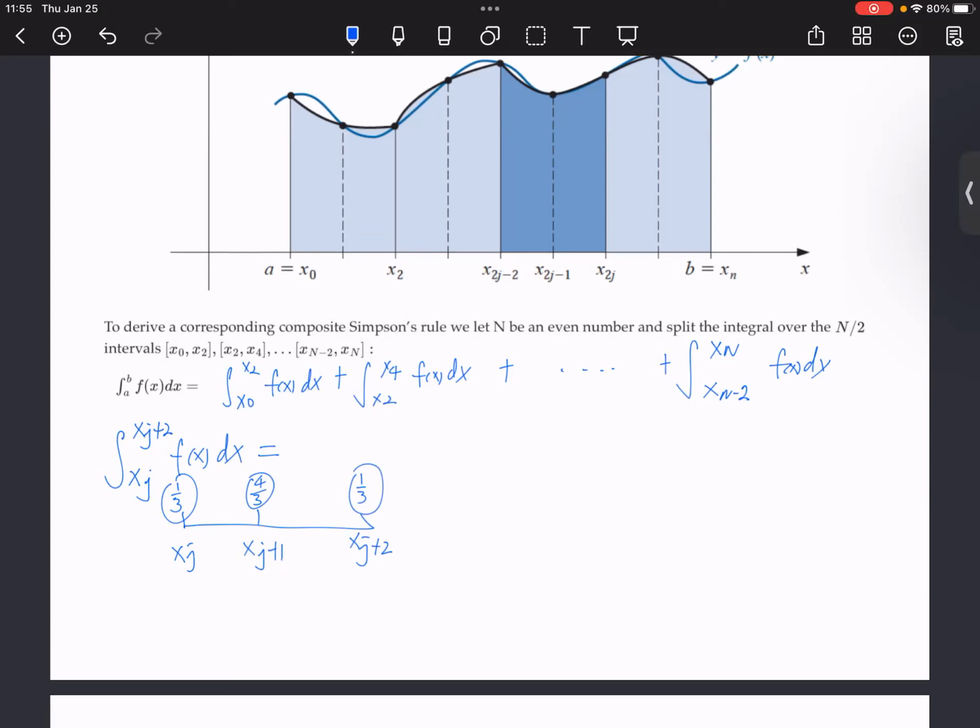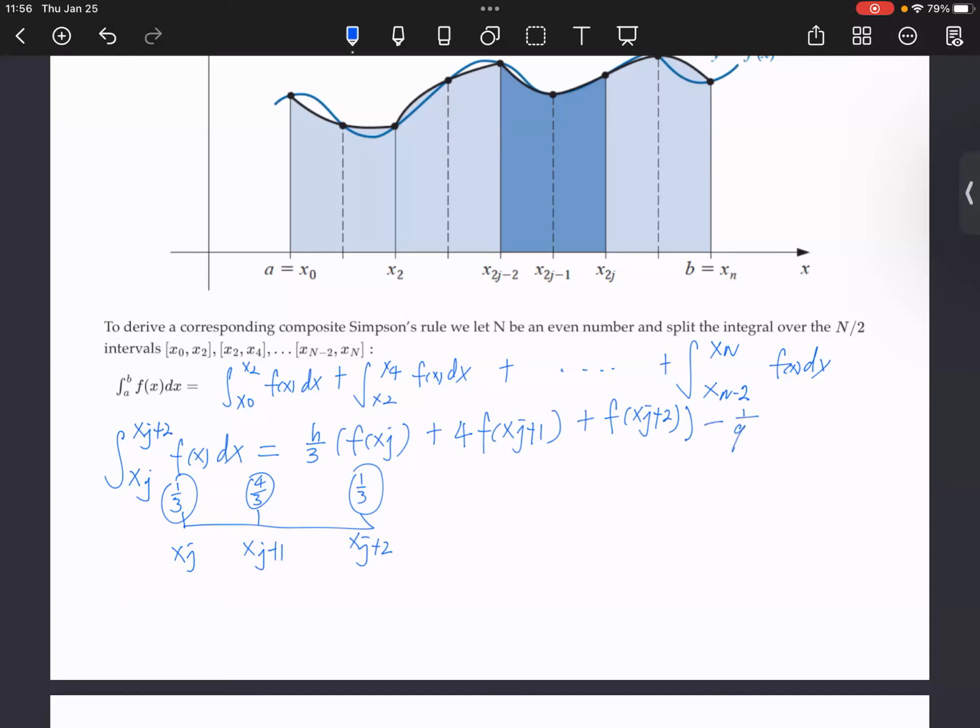So the simple Simpson's rule, if we apply it to this interval, we have h/3 times f(xj), plus for the middle point f(xj+1) with coefficient 4, this is the middle point, and for the end point f(xj+2), once again with coefficient 1, if I extract the common factor out.